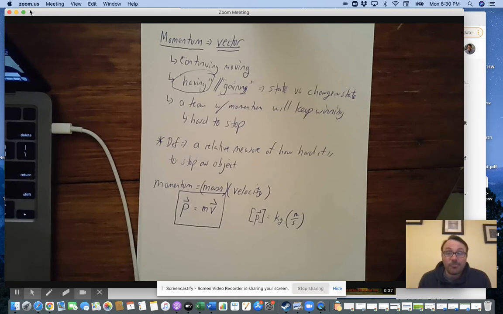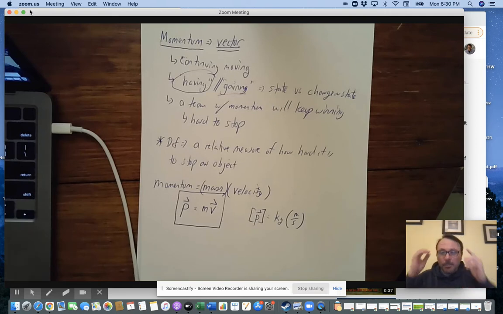And then I get to say, wrong. Why is it wrong to say cars have a lot of momentum? Well, look at the equation. Sure, a car is massive, but a parked car doesn't have any momentum. A school building has a lot of mass, but it's not going anywhere, so it doesn't have momentum.